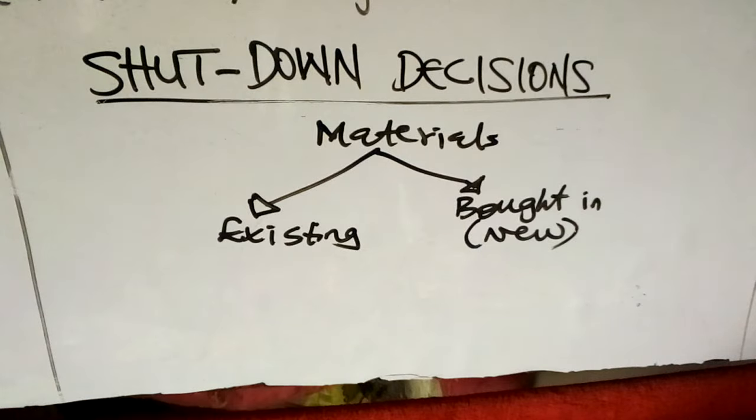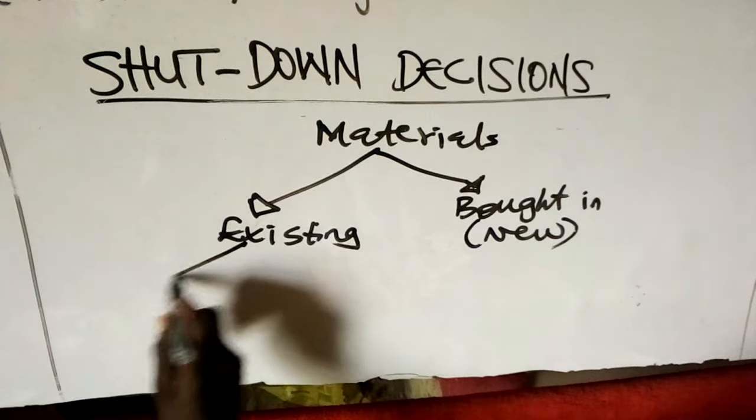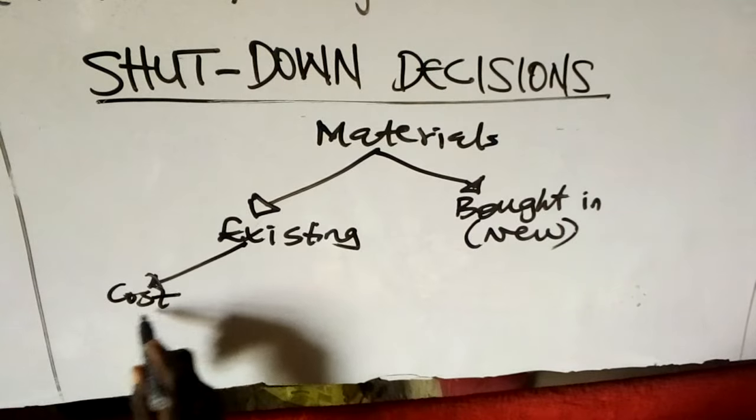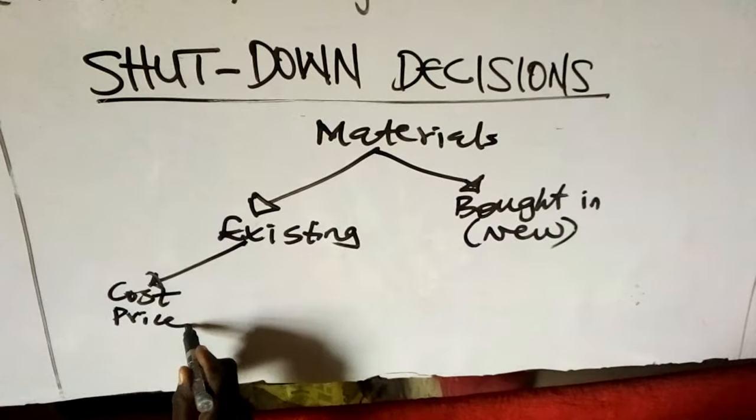So, for the existing material, I'm going to categorize it into three, just like the plant and equipment I've considered. Now we have the cost price, the amount it was bought. We have realizable value.